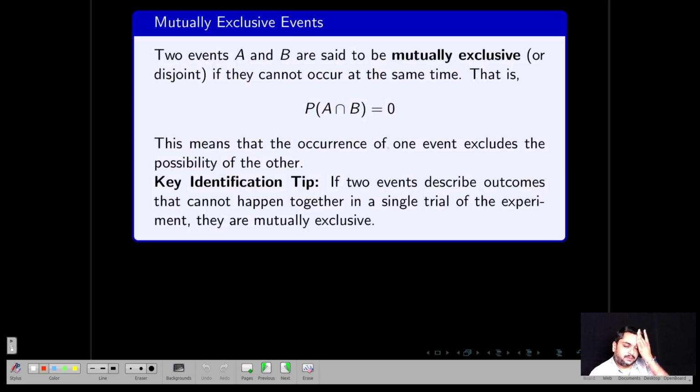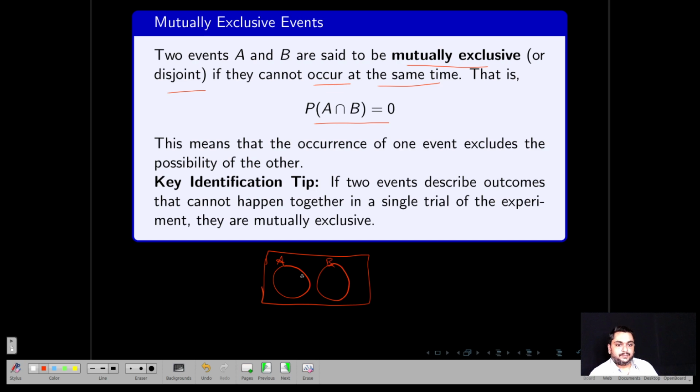Next, we'll now understand in depth what mutually exclusive events are. Two events A and B are said to be mutually exclusive or disjoint if they cannot occur at the same time. That is, their intersection is 0. If you draw a Venn diagram, this is event A, this is event B. They cannot occur together.